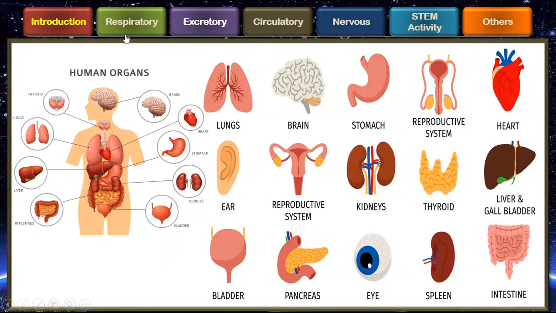The intestine is part of our digestive system. So remember these organs, because we are going to use them when we learn about systems. A system is made up of many organs working together as one.